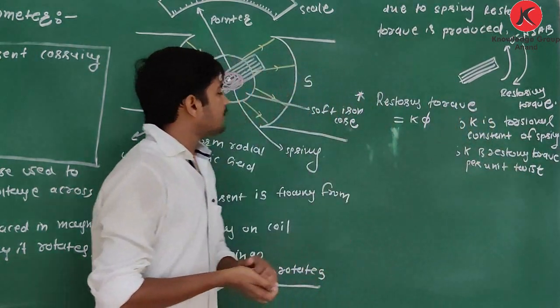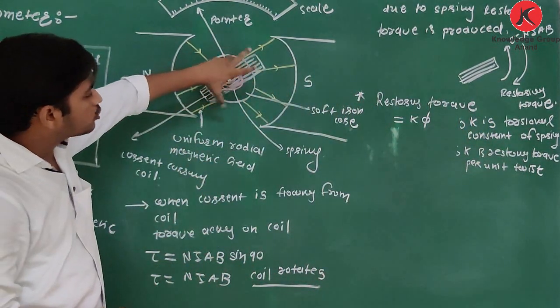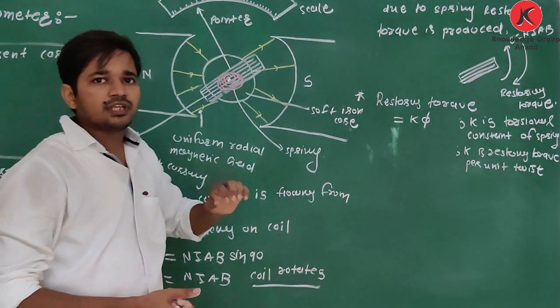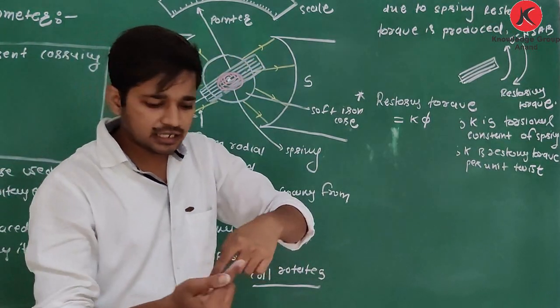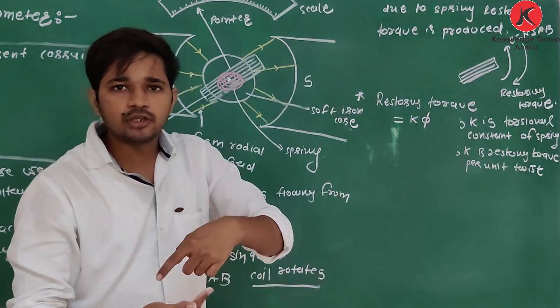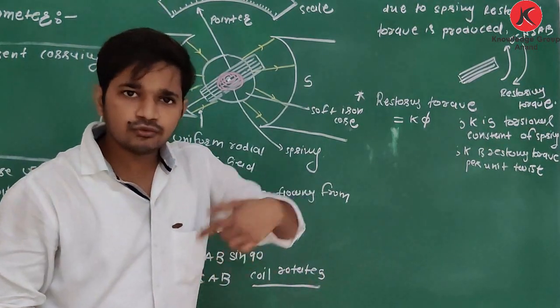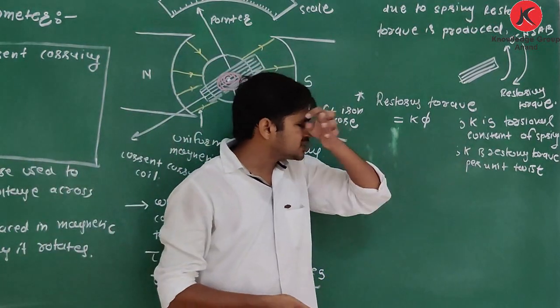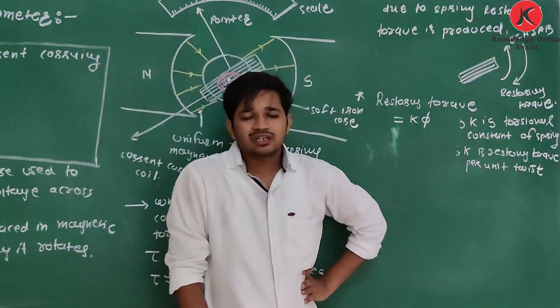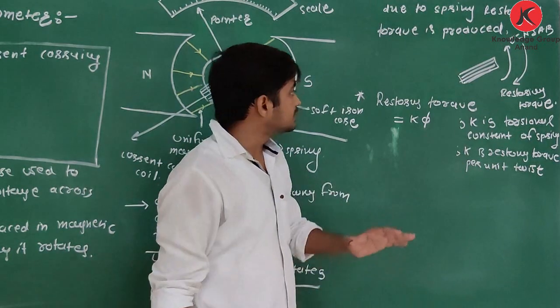Twist means, as this coil rotates, the spring connected with it gets twisted. So this K is restoring torque per unit twist. Clear about this? Now what happens?